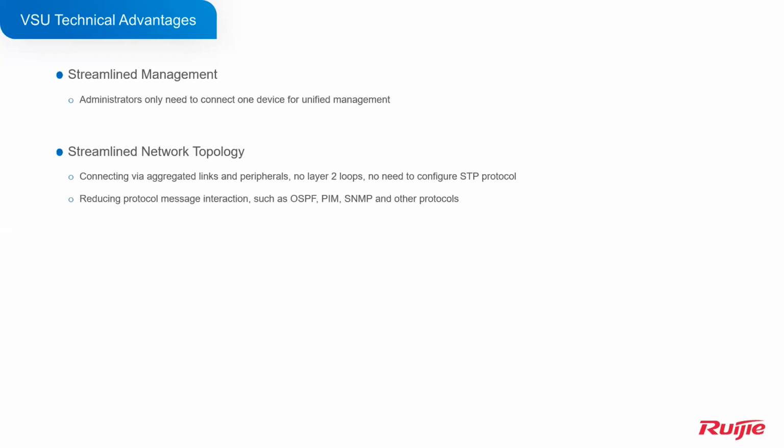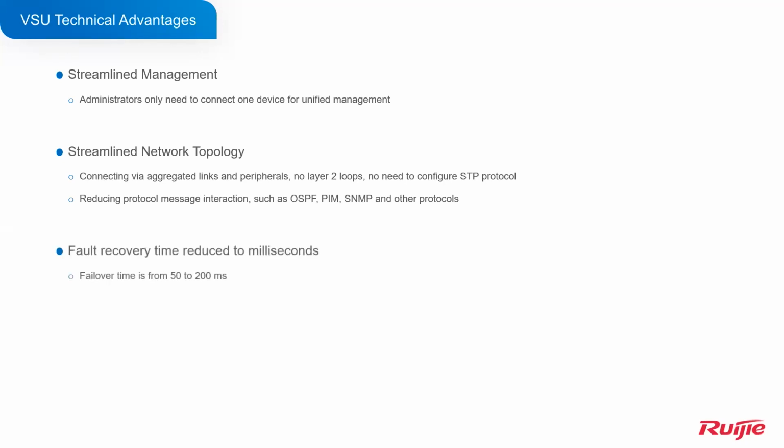That means we no longer need to configure the STP protocol, and we can also reduce protocol messages like layer 3 OSPF. If you have multicast service, maybe you have to deploy a multicast routing protocol like PIM, and also some other protocols, but because your topology is very simple, this is reduced.